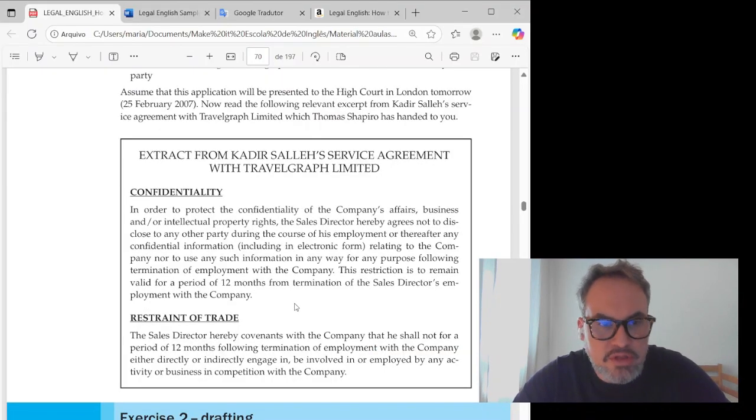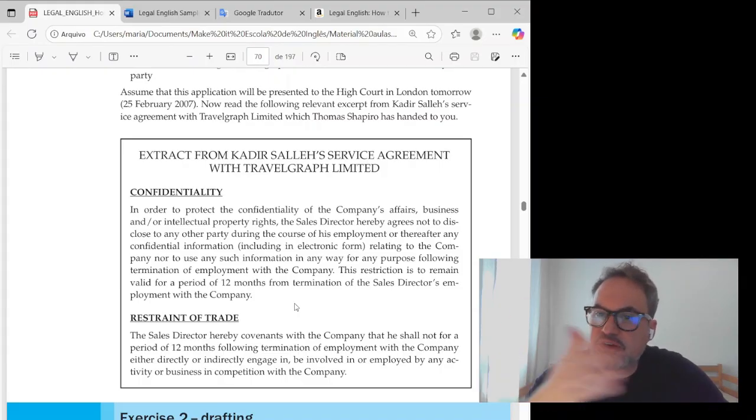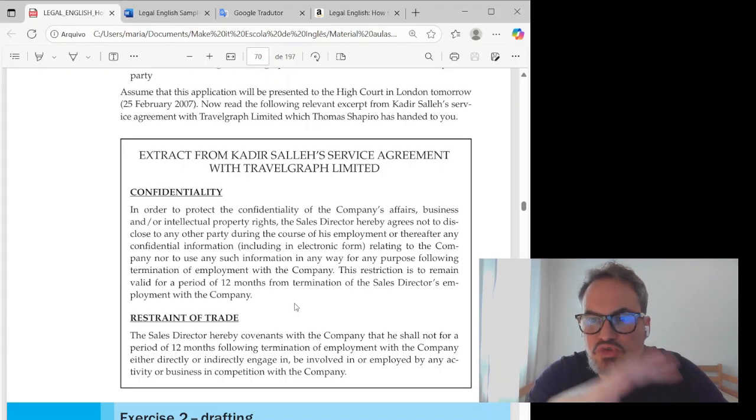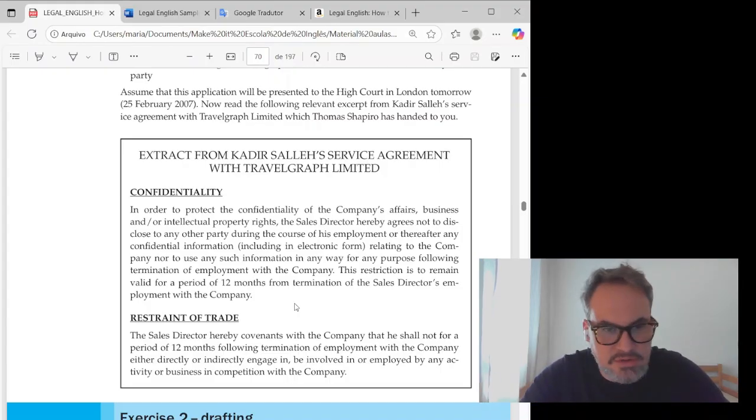So there is a confidentiality covenant that prevents Saleh from giving any information he gets in Travel Graph to any other company during the period he was working there and also 12 months after.